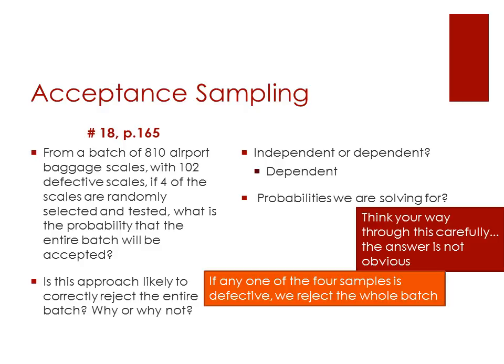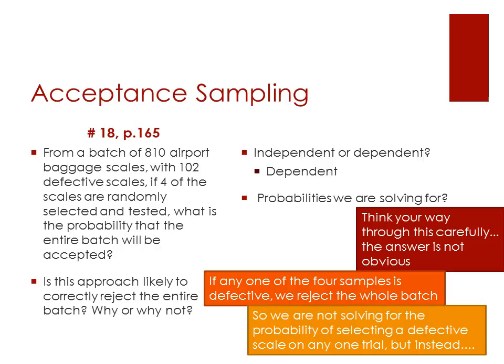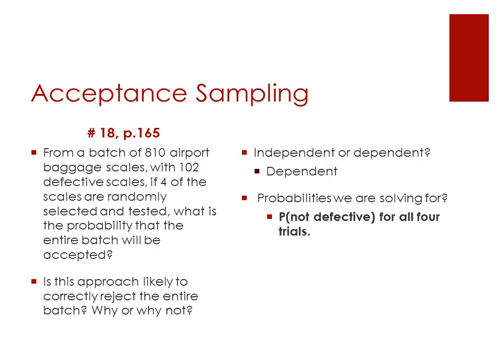If any one of the 4 samples is defective, we reject the whole batch. So we don't need to have all 4 be defective. We only need to have one of the 4 be defective. So we're not solving for the probability of selecting a defective scale on any one trial, but instead the probability of not getting a defective one for all 4 trials.